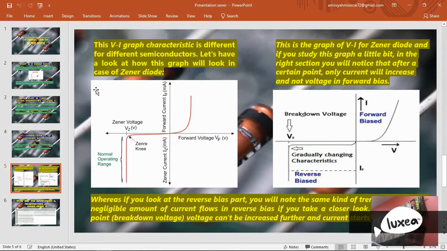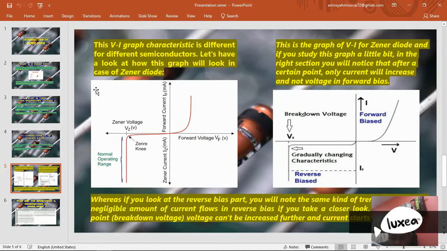First, this V-I graph characteristic is different for different semiconductors. Let's have a look at how this graph looks in the case of the Zener diode.